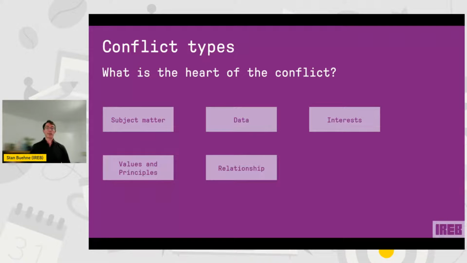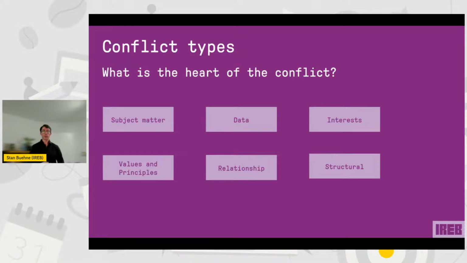It's super important to identify this conflict, because if you don't identify this relationship conflict, this will most often end in other conflicts like data, interest, or subject matter conflicts, because the relationship conflict is just behind it and then something else comes up because the people cannot work together.